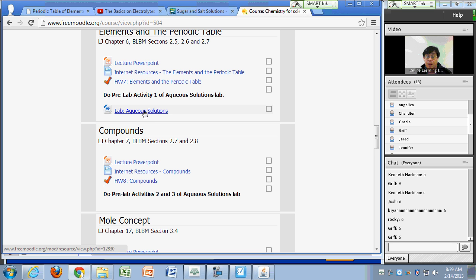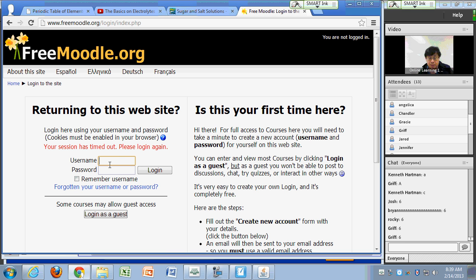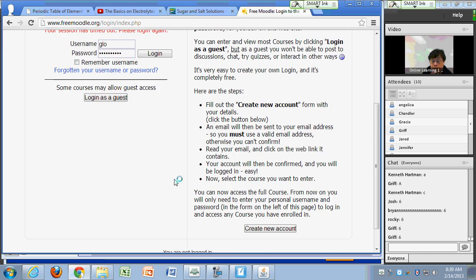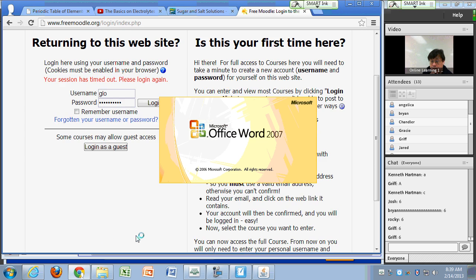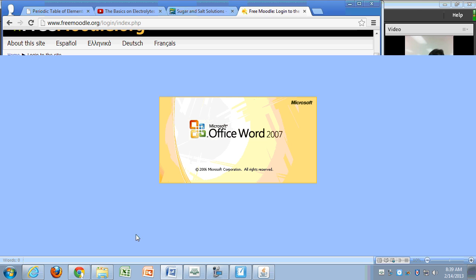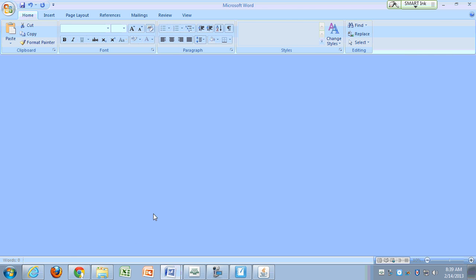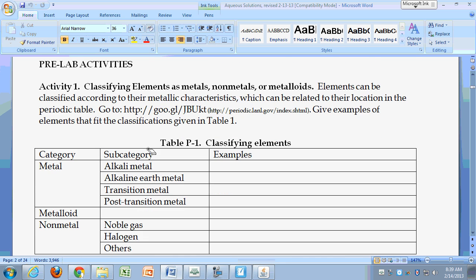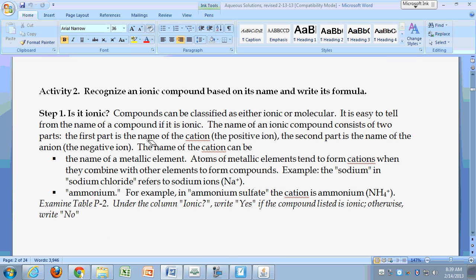So let me pull up that document so you can see. If you look at that document, activity 1 deals with classification of elements as metals, nonmetals, or metalloids.